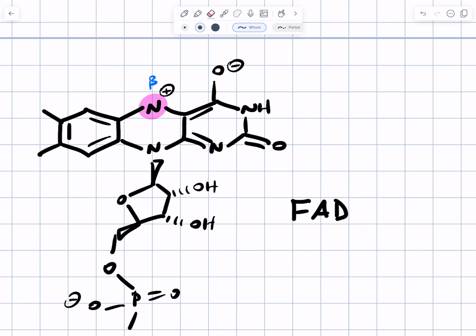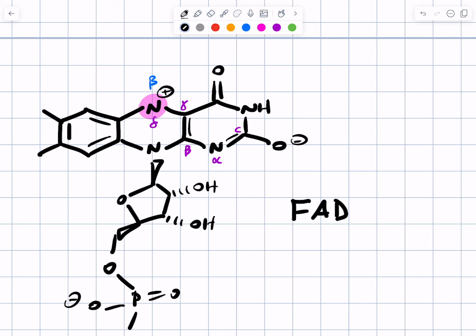The other reason it's electron poor is that the nitrogen is actually conjugated to another carbonyl, alpha, beta, gamma, and delta, and we can similarly draw a resonance structure where we put a negative charge on this carbon and a positive charge on that nitrogen.